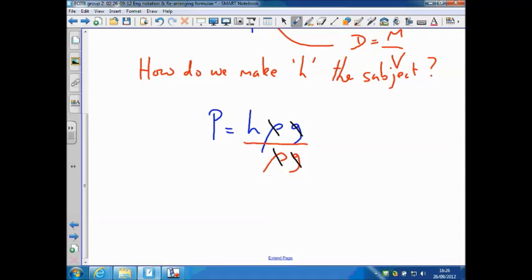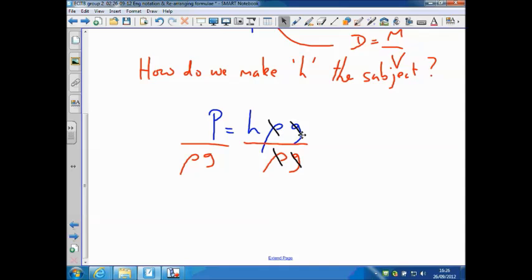And you can see now that I'm just left with H. The trouble is, if I do that, I'll change the formula. So I need to remember that whatever I do to one side of the formula, I must do the same to the other. So if I'm going to divide the right-hand side by rho and G, I mustn't forget to divide the left-hand side by rho and G as well.